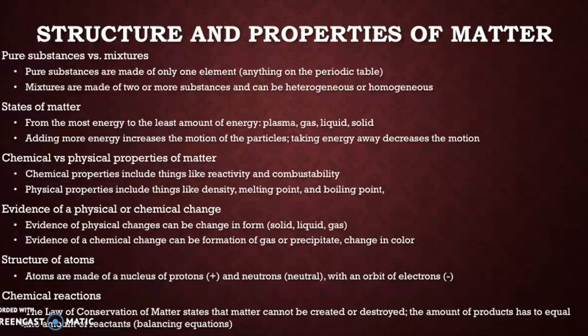So what that's really just saying is the amount of products you have in a chemical reaction has to equal the amount of reactants, all right? So on each side of your chemical equation, they have to equal one another, and that's when you get into adding your coefficients and things like that.